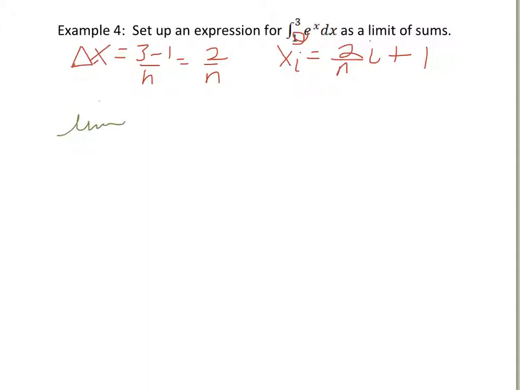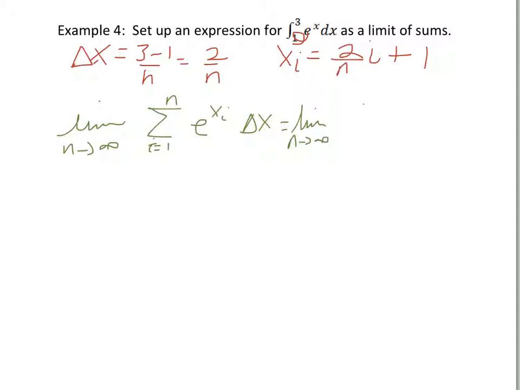All right, so we're ready to go ahead and write our limit. We have the limit as n goes to infinity, and then our Riemann sum. Since we're doing right endpoints, that's what I'm always using with this. We always start at 1 and go to n. So we would have e to the xi, and then change in x. So if I go ahead and write that, I have the limit as n goes to infinity.